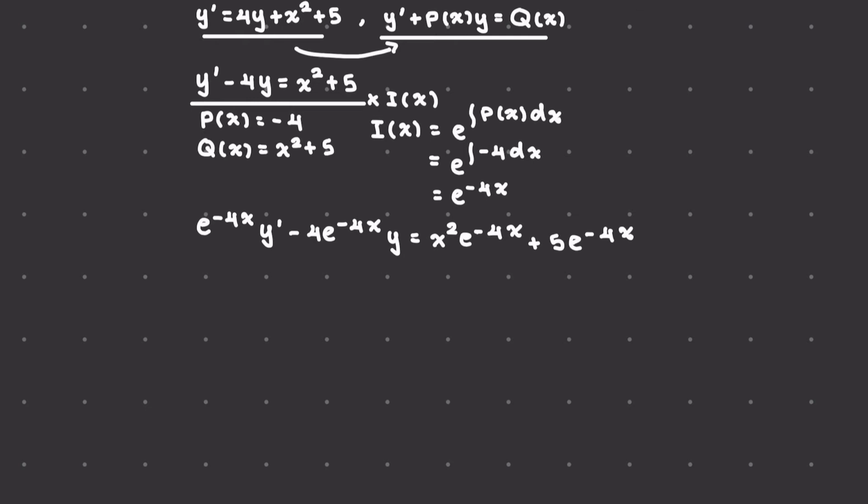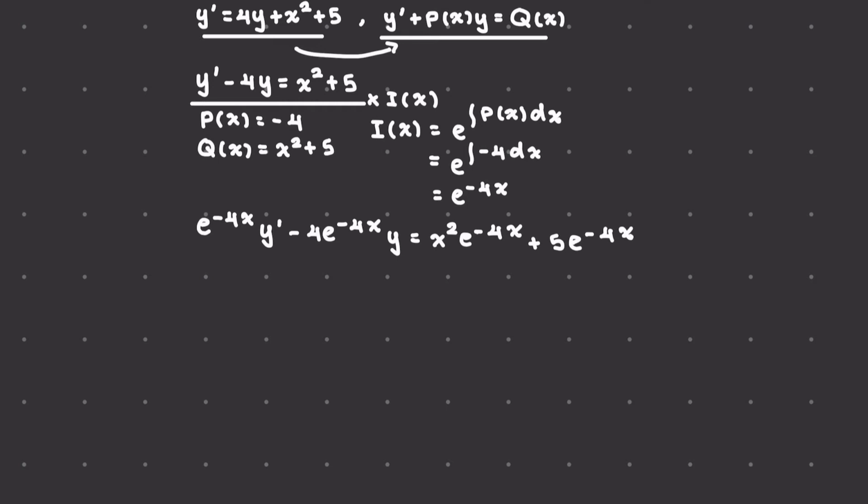Recognize why I don't just simplify the e to the negative 4x on the right hand side and put it outside: because it has an x variable, it is not a constant and we need to integrate it later, and that's why I multiply it for each term.